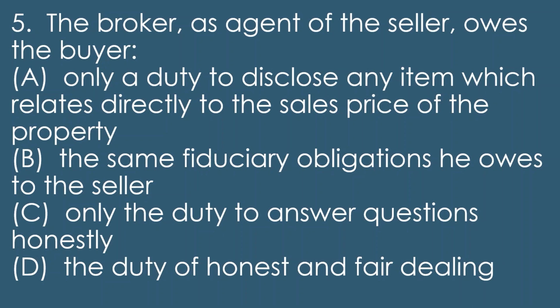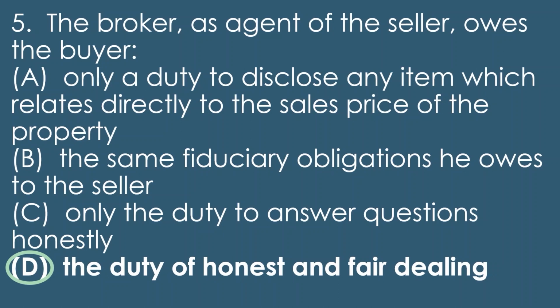If he or she is the listing agent, what do they owe the third party in the transaction, which is the buyer in this case? You should be thinking of that diagram we just showed and talked about. They owe a duty of honest and fair dealing to the third parties in the transaction, which is the buyer in this case. So the best answer is D, the duty of honest and fair dealing.